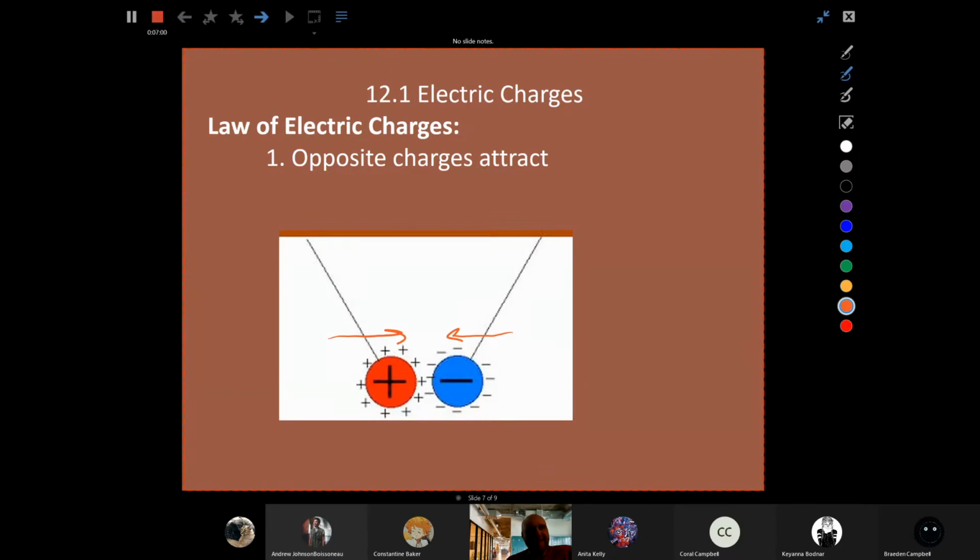If you're thinking about an atom, it's got those protons in the middle that are positive, and perhaps they're keeping those negative electrons from flying away because of the opposite charges attract idea.